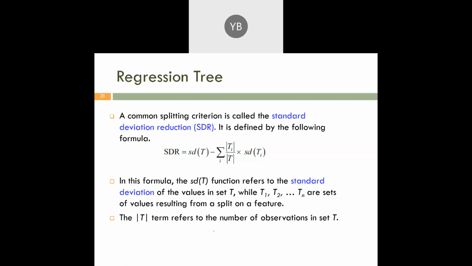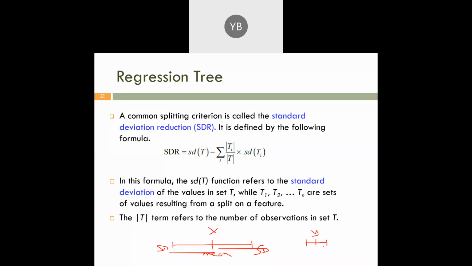For example, if our mean is here, but if your standard deviation is too big, it means that all the values fall away from the mean. But if your standard deviation is very small, it means that most of your values fall almost near to the mean.